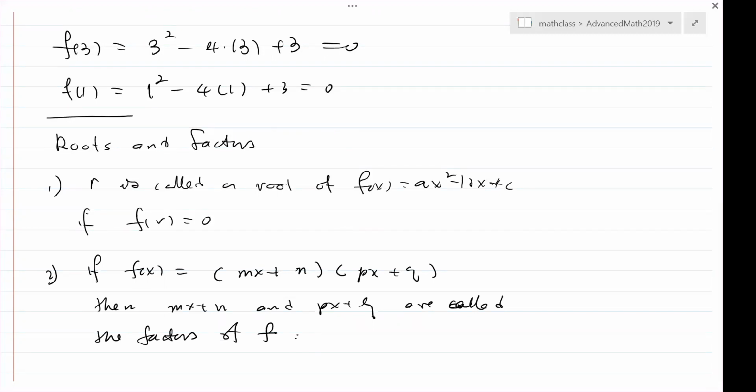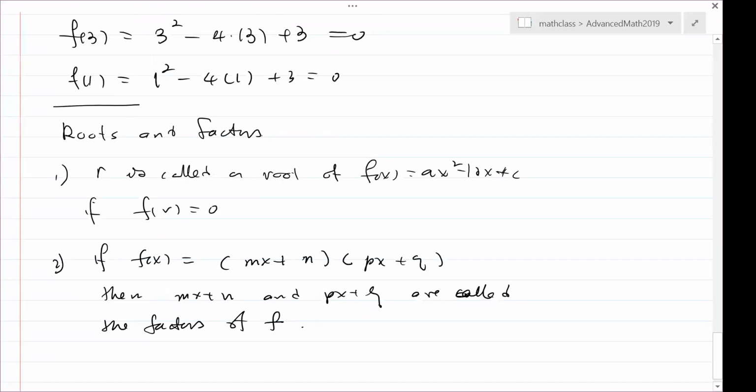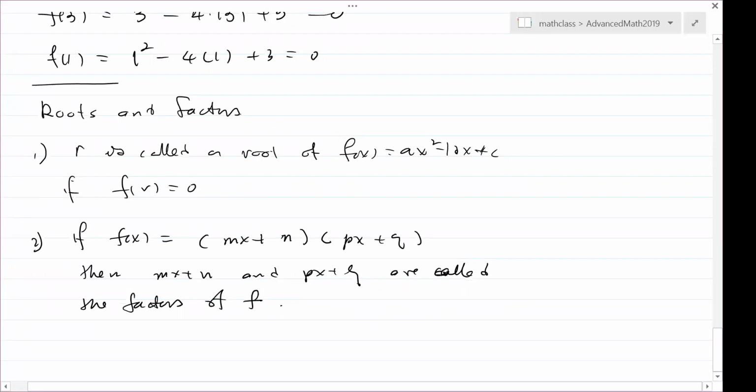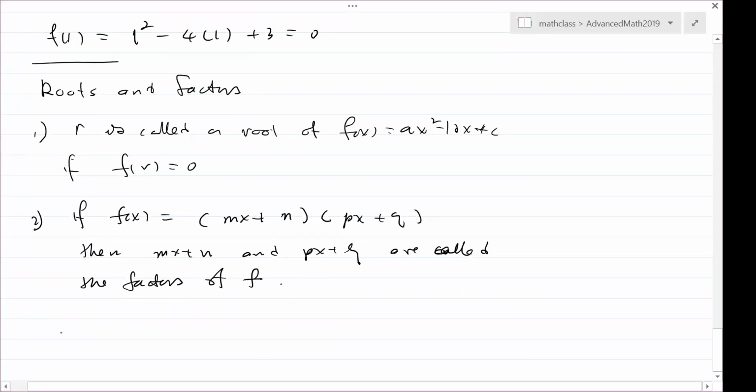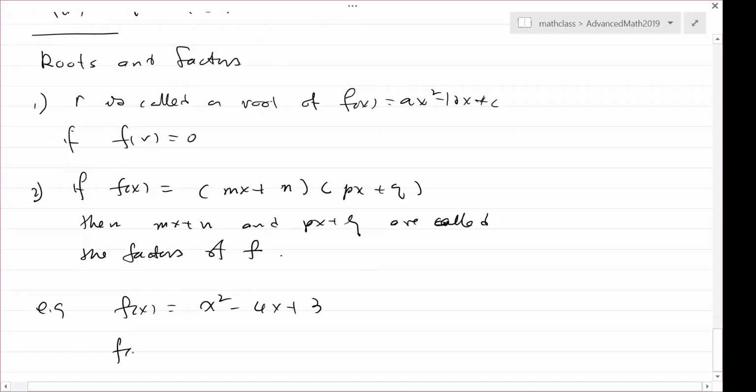This is called linear factors. Sometimes not all functions can be written in that form. And here's the example. If f of x equals x squared minus 4x plus 3, then we know that this is going to be (x minus 3)(x minus 1).